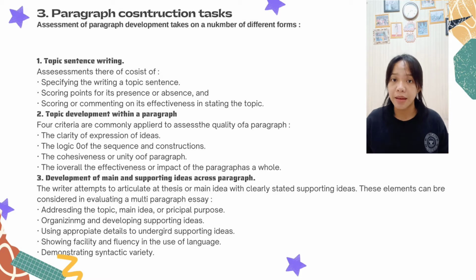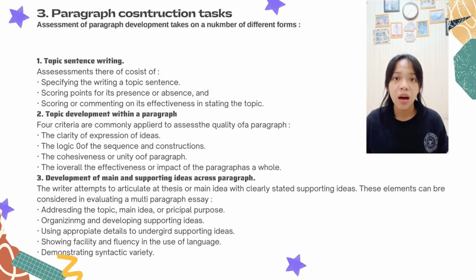The writer attempts to articulate a thesis or main idea with clearly stated supporting ideas. These elements can be considered in evaluating a multi-paragraph essay. One is addressing the topic, main idea, or principal purpose.